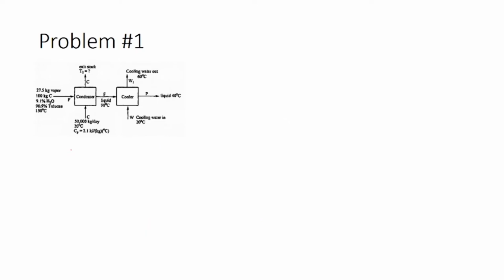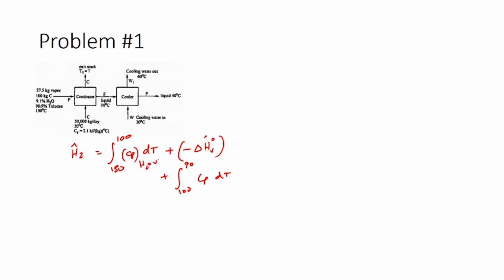So, H2 cap can be calculated as follows: H2 cap equals integral 150 to 100 Cp dT plus negative of the heat of vaporization for water plus integral 100 to 90 Cp dT. The first Cp would be for water vapor and the second Cp would be for liquid water.